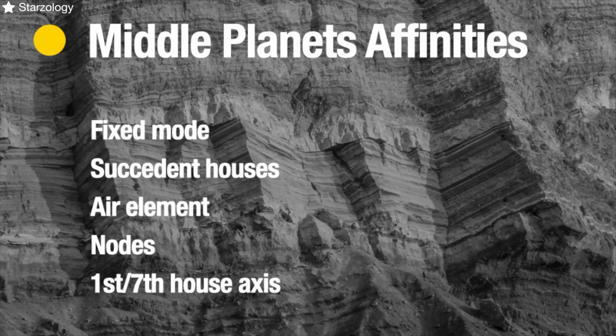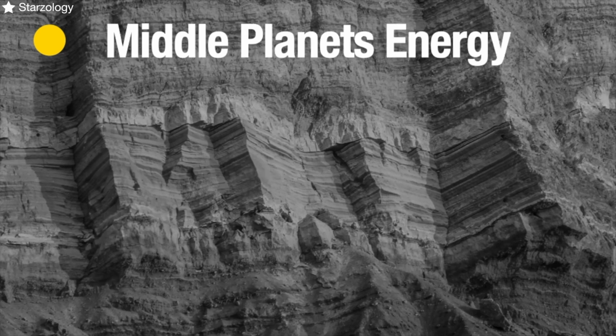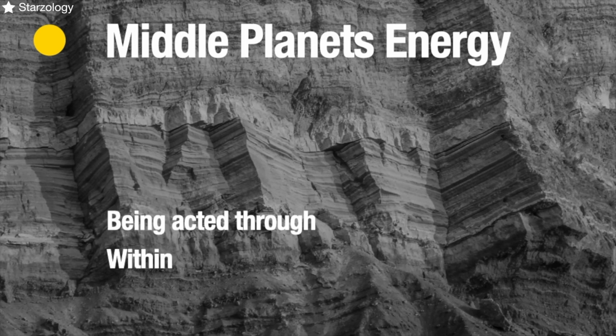It's taking information from below to above, and it's part of the main thing about what's going on in your chart. And the flow between those 2 planets will be shown through those chains. So your middle planet's energy is generally expressed as being acted through, within, and it has to do with the present. This is your middle planet energy.